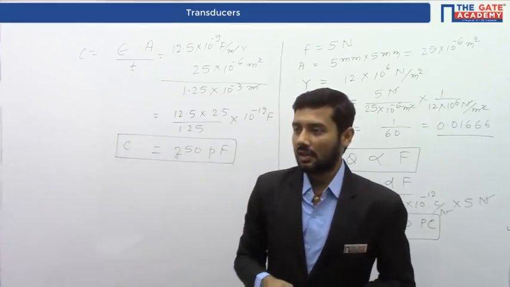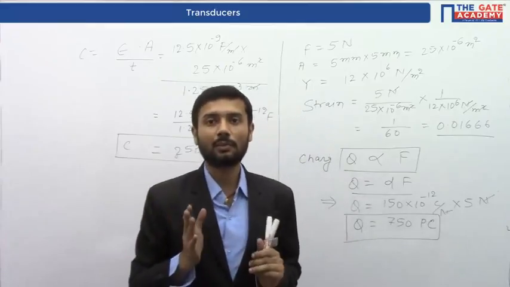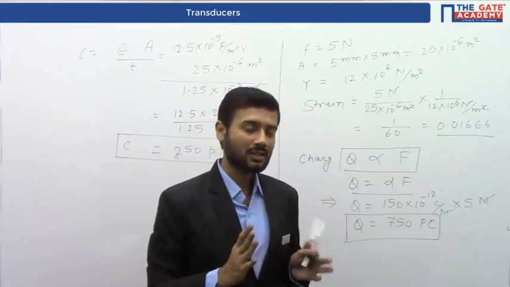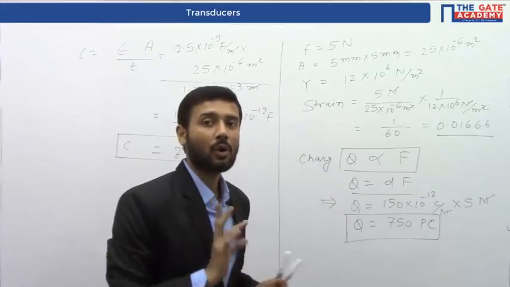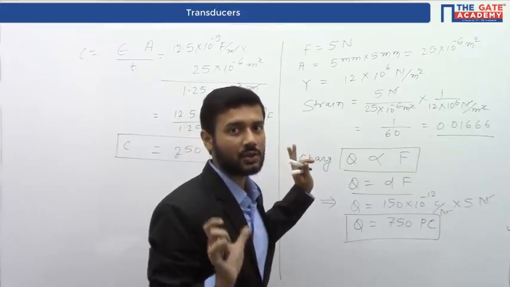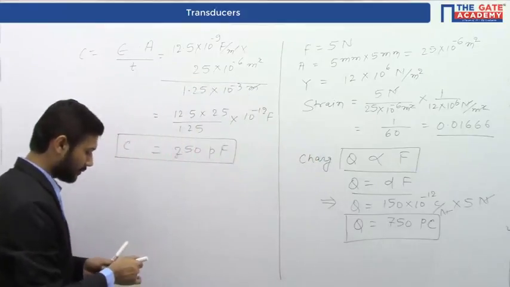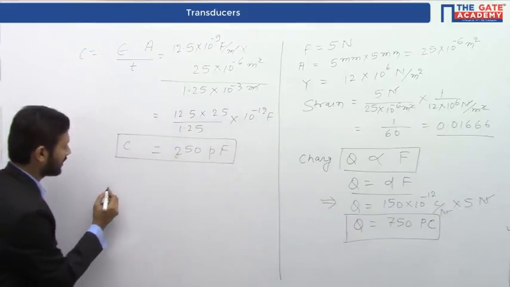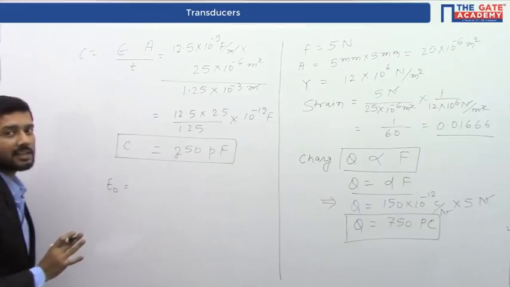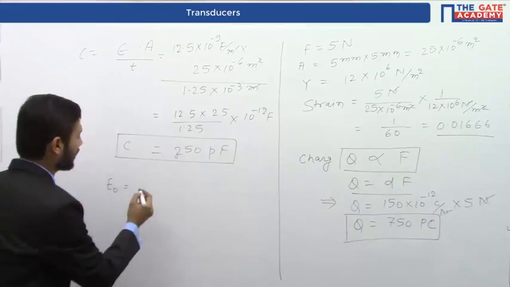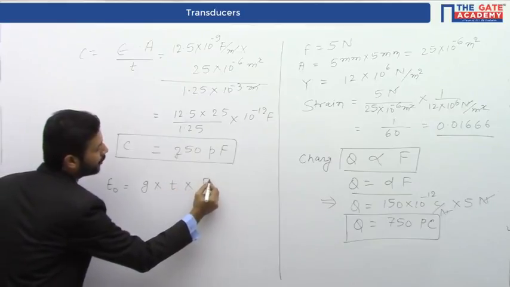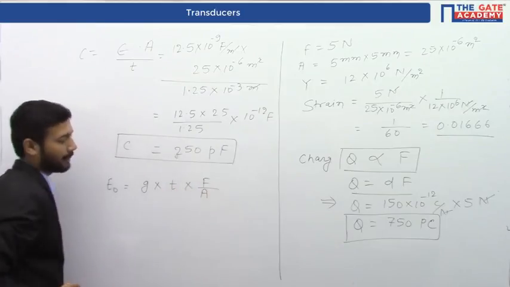Suppose we have to find the value of voltage generated. We have one more relation in this piezoelectric transducer: the voltage generated E naught is equal to G into the thickness and force per unit area.